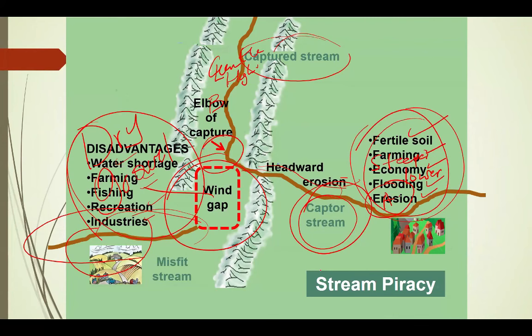Vertical erosion increases. But when you look at the stream that has lost water, that has been captured, there's going to be less volume of water. Because of less volume of water, there is less erosion and more deposition.